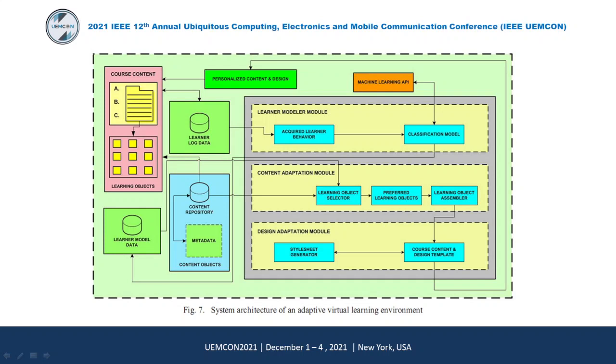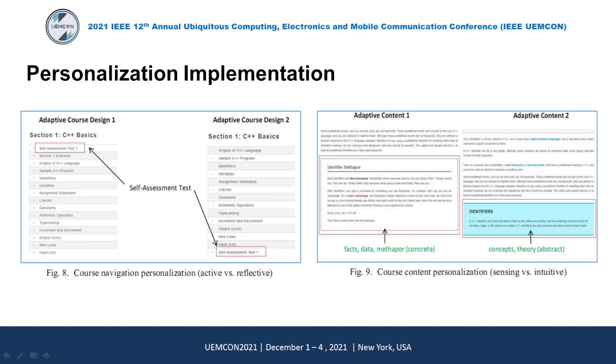We have several modules here: the learner modeler module, the content adaptation module for the adaptive mechanism for content, and the design adaptation module primarily for the navigation adaptive mechanism. As much as I want to discuss this in detail, I think this is available in the proceedings, so you can read it there. Because of time constraints, I cannot discuss this one.